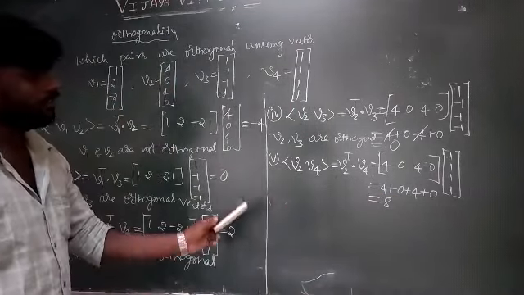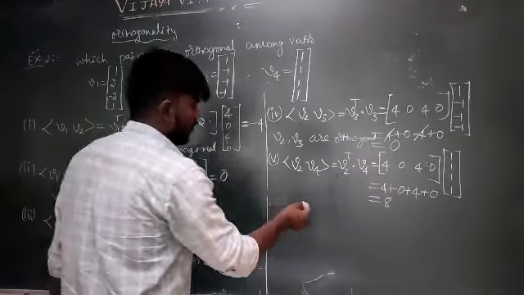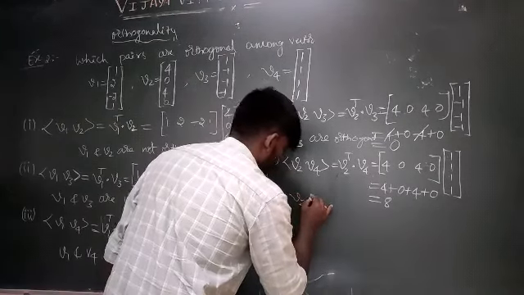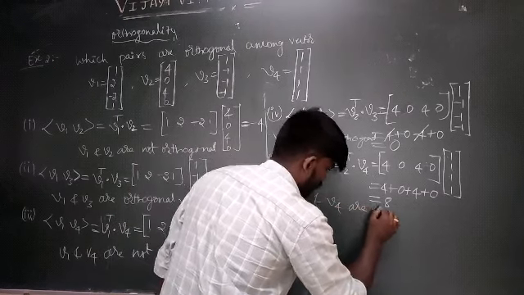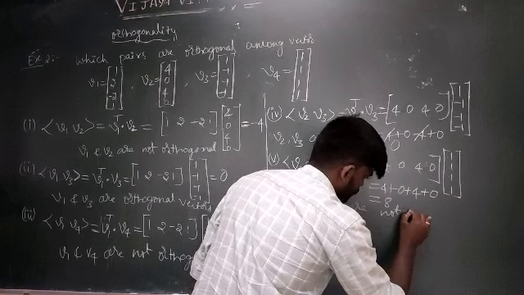The inner product of v2 and v4 is v2 transpose dot product with v4, where v2 transpose is (4, 0, 4, 0) as a row and v4 is (1, 1, 1, 1). The multiplication gives 4 into 1 is 4, plus 0 into 1 is 0, plus 4 into 1 is 4, plus 0 into 1 is 0, which gives 8. Therefore the inner product of v2 and v4 is not equal to 0, so we conclude that v2 and v4 are not orthogonal vectors.